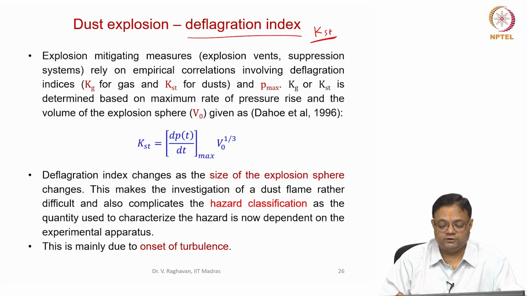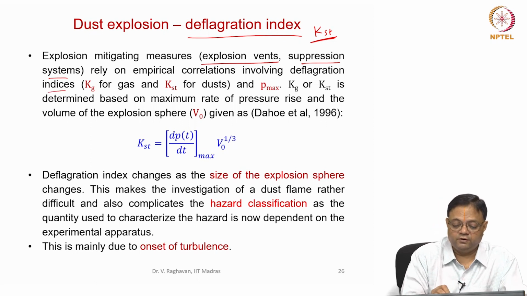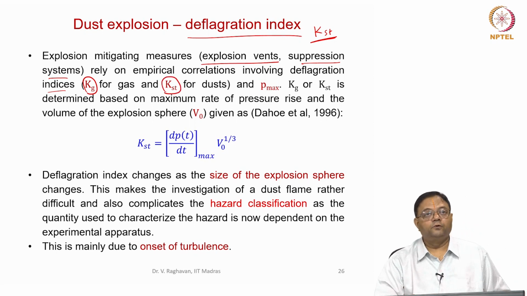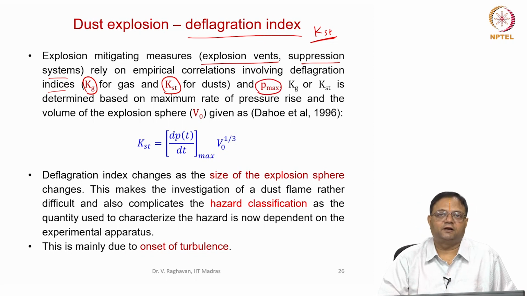Explosion mitigating measures like providing explosion vents or suppression systems rely on empirical correlations which involve deflagration indices like KG in the case of gases or KST in the case of dust flames, plus the maximum pressure which is attained.